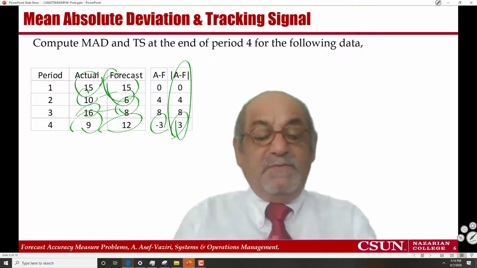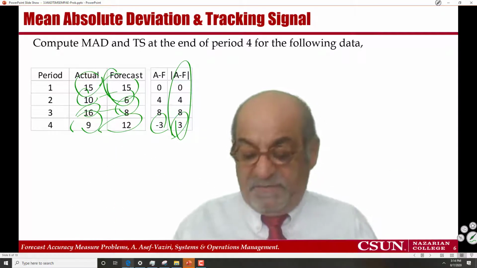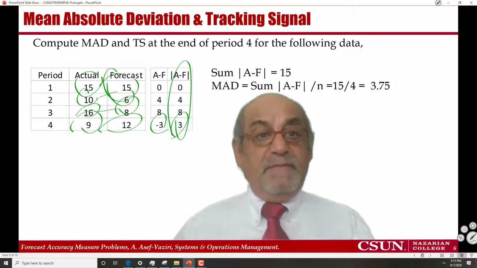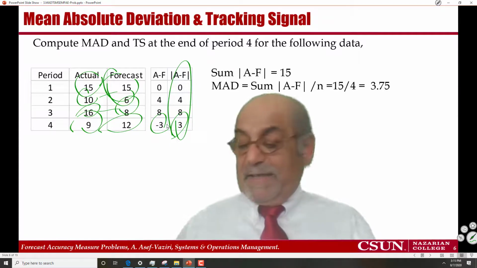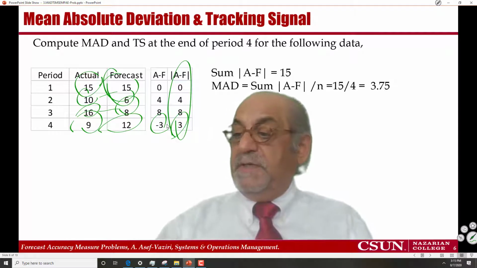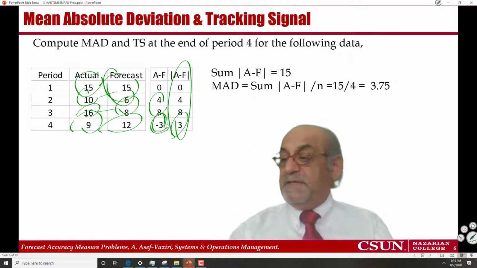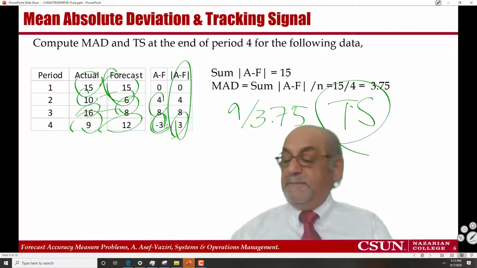Add them up, that would be 15, divided by 4, it would be 3.75, the average of those numbers at the end of period 4. Now we look at the actual deviations. 8 and 4 are 12, 12 minus 3 is 9. 9 divided by 3.75, that would be our tracking signal.